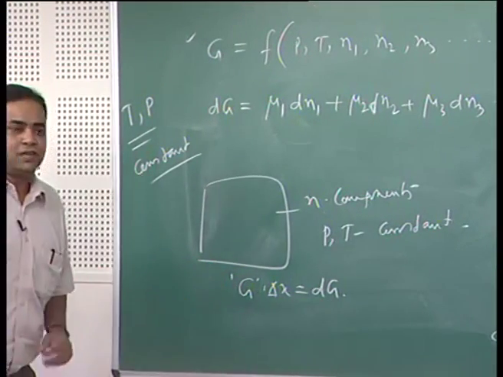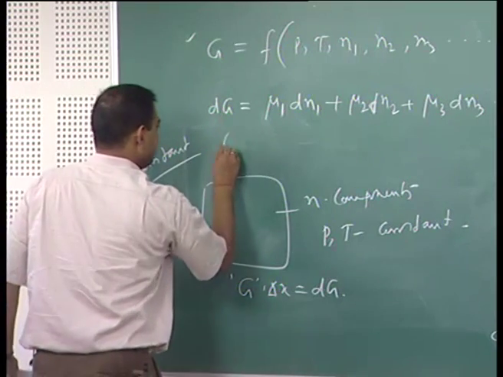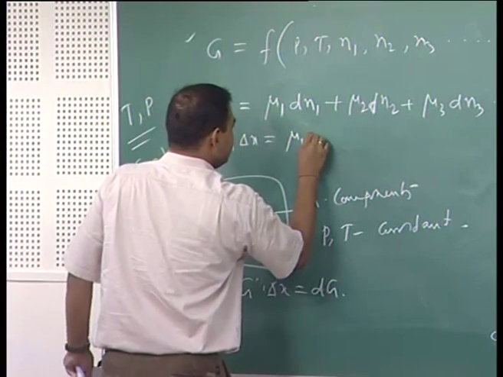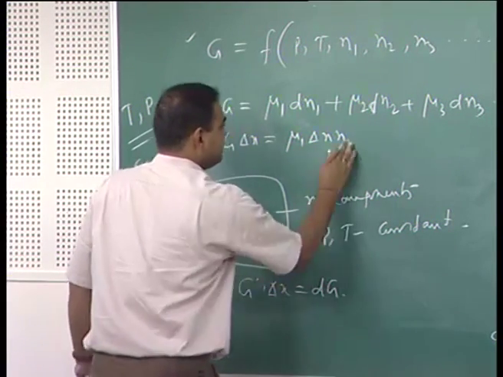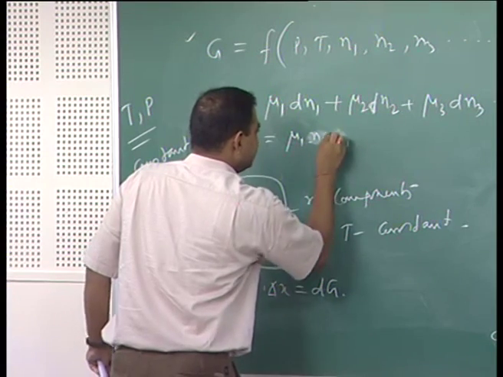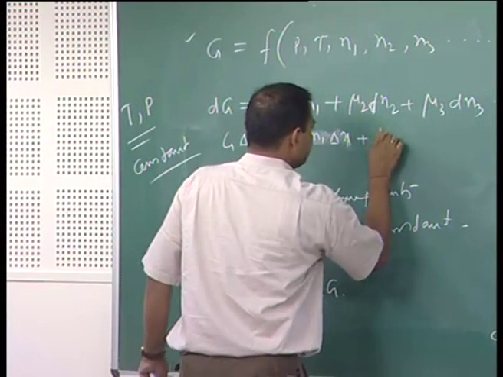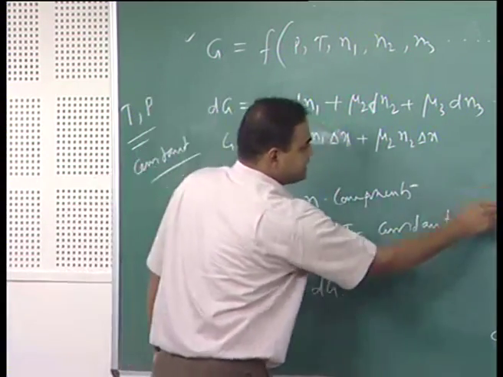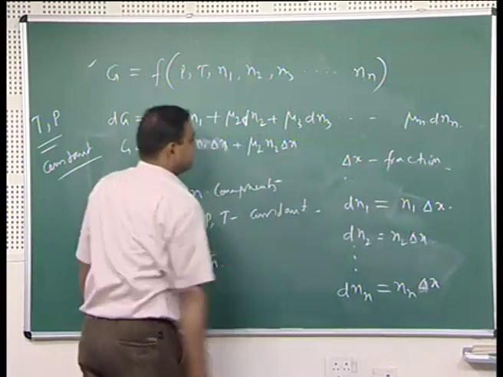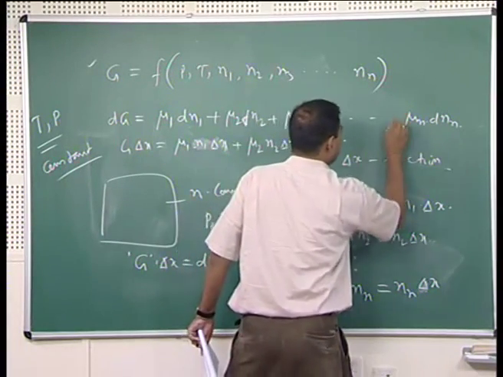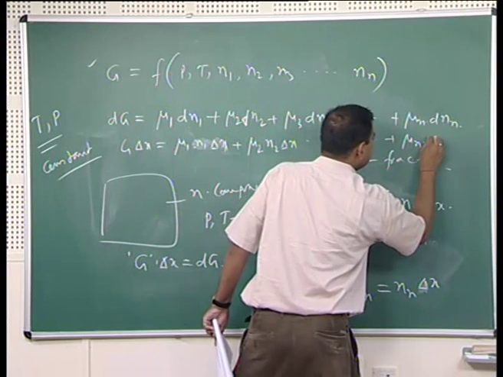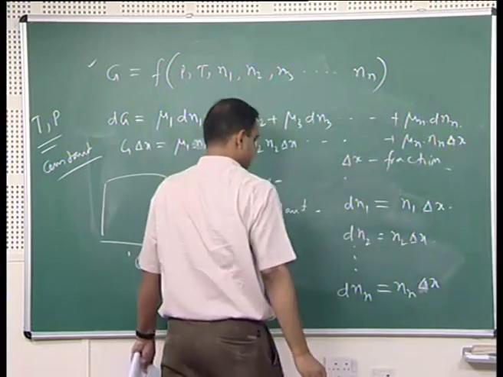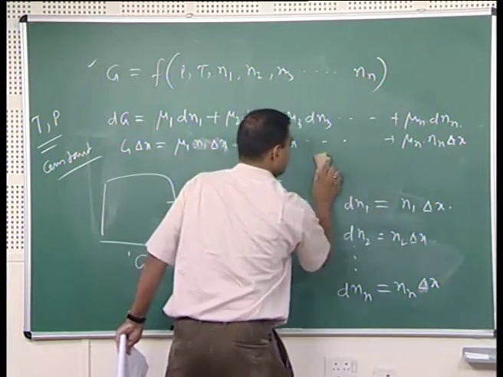So, if you replace it, then G del x equals mu1 N1 del x plus mu2 N2 del x, because we have already seen dN1 is equal to N1 del x. Like that it would move. Finally, it would have mu n Nn del x.